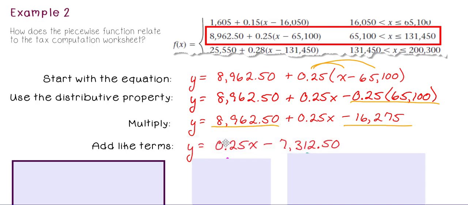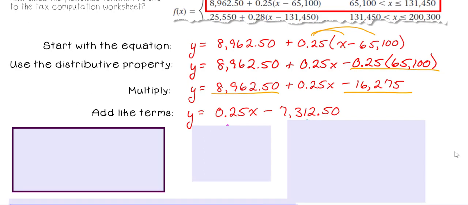And we end up with y equals 0.25x minus 7,312.5.